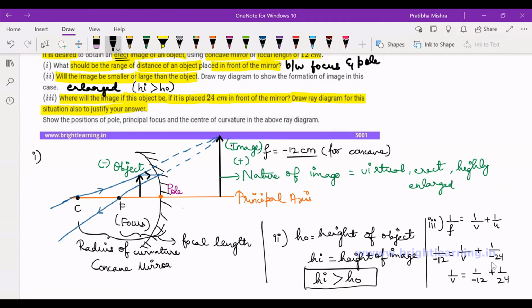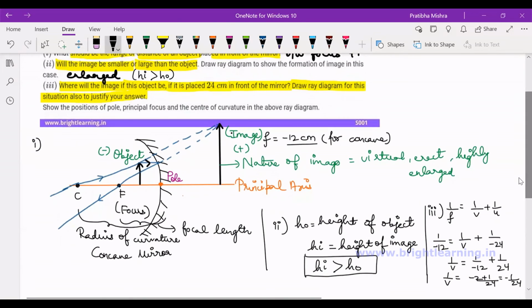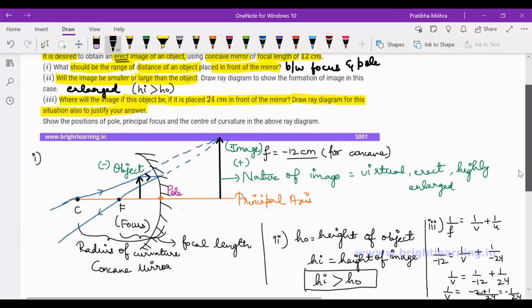So what answer will you get here? If you solve this, 1 by V will be equal to nothing but it will be minus 2 plus 1 upon 24, which is a minus 1 by 24. So this is what you will actually get, and you just have to find out V now.